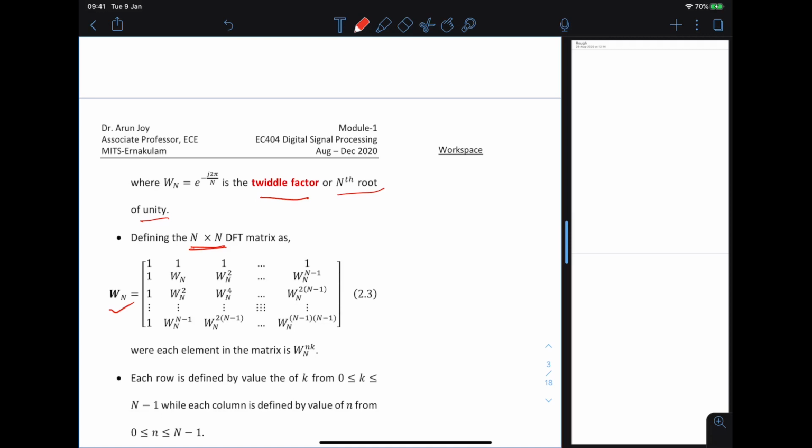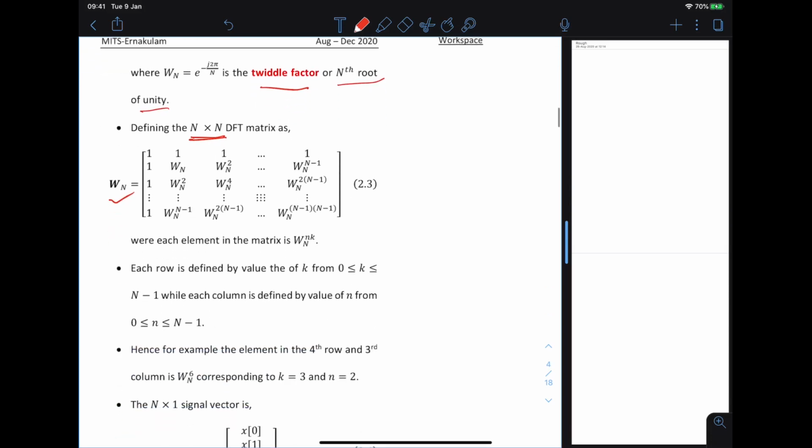So what are the elements in this particular matrix? Here each of the element in the matrix is equal to Wn raised to nk, where Wn is e raised to minus j 2 pi by n.